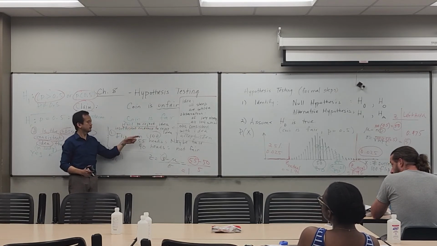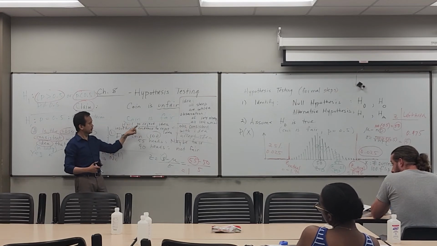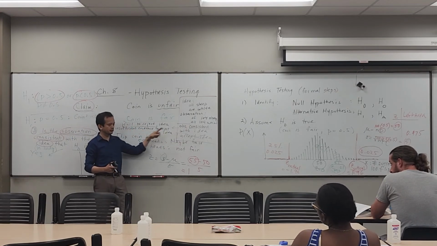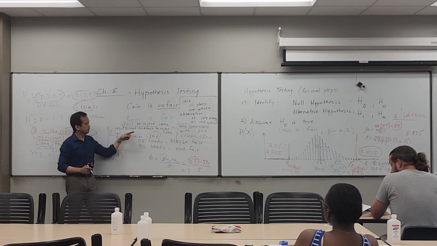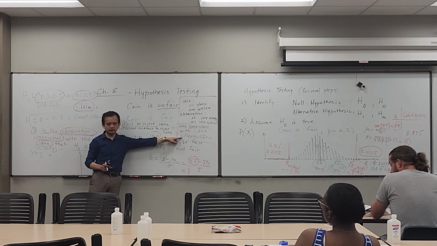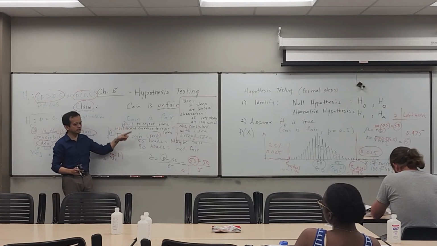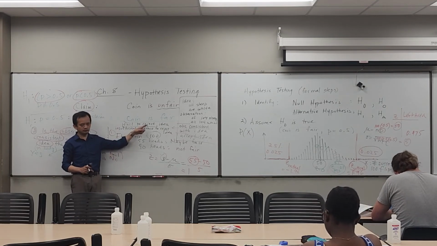But notice that fail to reject is not the same as accept. So they're completely different. Accept is you full on embrace the idea. Fail to reject means that you can take any position as long as you're not rejecting the idea.